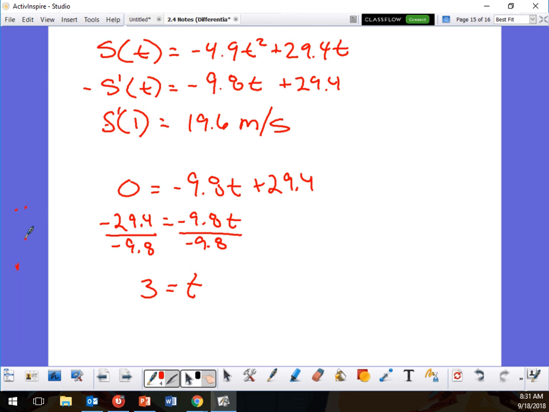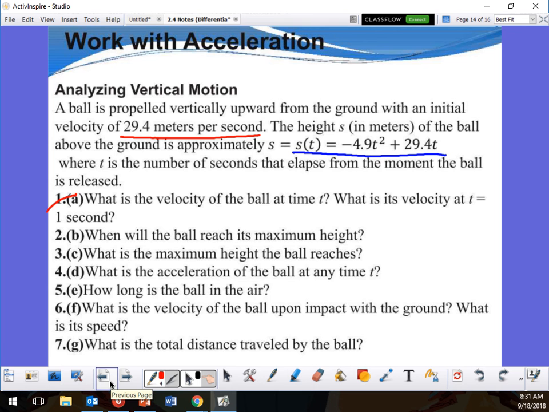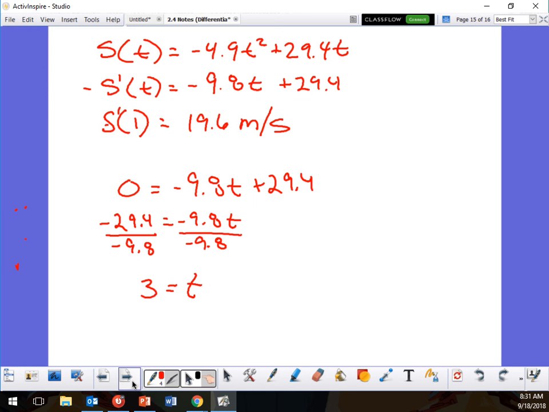So let's go back to the question. It said, when will the ball reach its maximum height? At 3 seconds. So 3 seconds on that one.